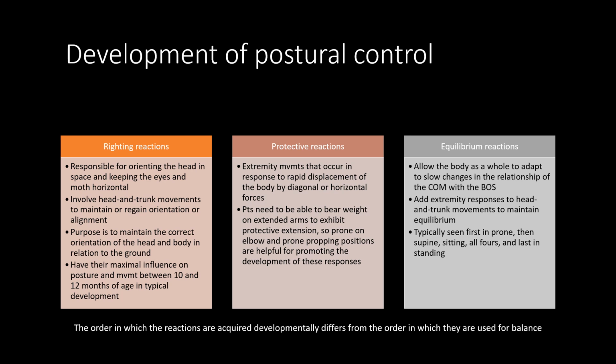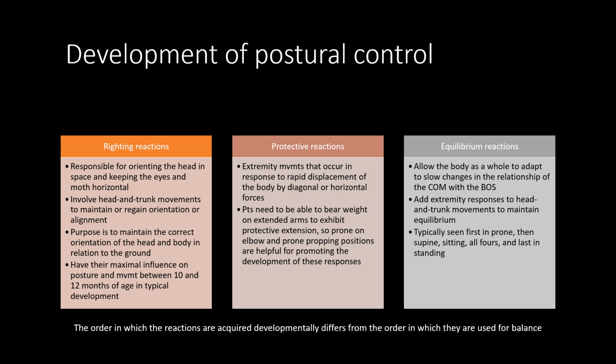Our protective reactions are extremity movements that occur in response to a rapid displacement of the body by a diagonal or horizontal force. The patient needs to be able to bear weight on extended arms to exhibit a protective extension, so prone on elbows and prone propping positions are helpful for promoting the development of the protective reactions. Equilibrium responses again develop last, and they allow the body as a whole to adapt to slow changes in relationship to the center of mass within the base of support.